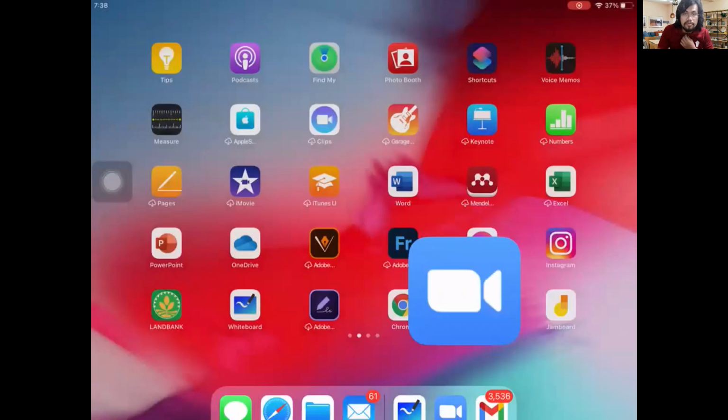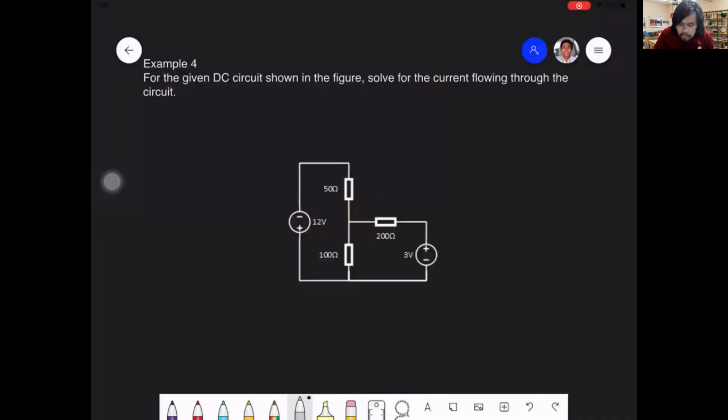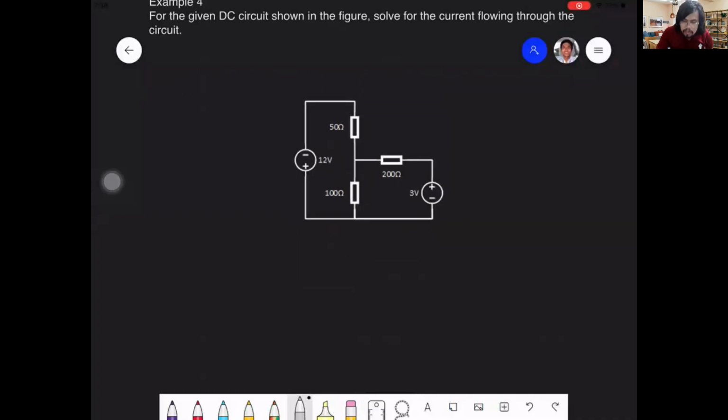All right, we have the problem shown and the diagram already drawn.